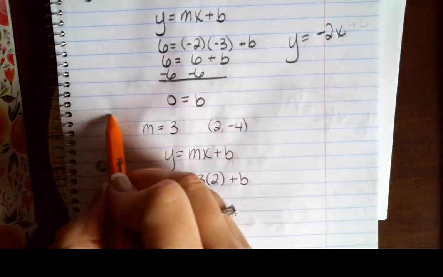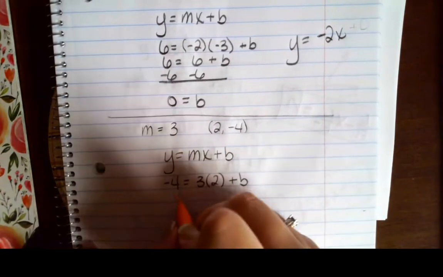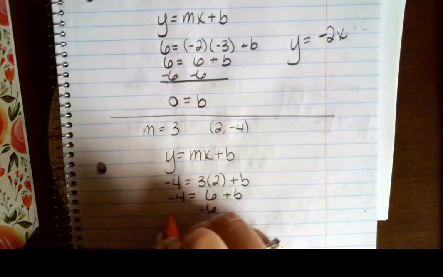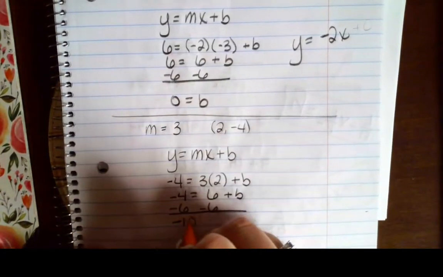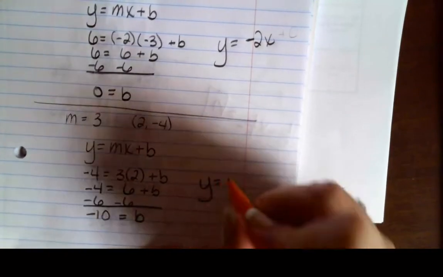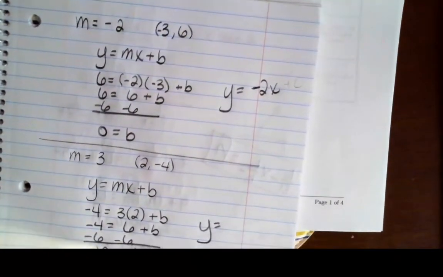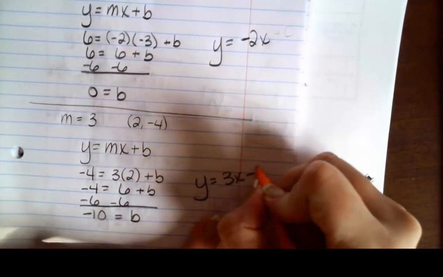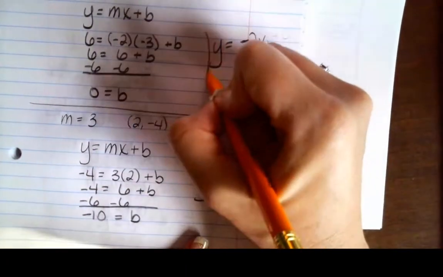I'm just pulling it straight from that point. So this becomes negative 4 is 6 plus b. Subtract 6 from both sides, and I get negative 10 is b. So what is my equation? My equation is going to be y equals 3x, and then a y-intercept of negative 10.